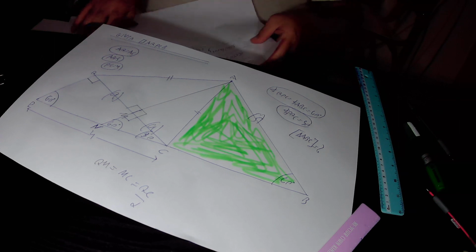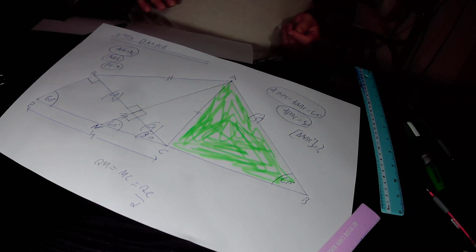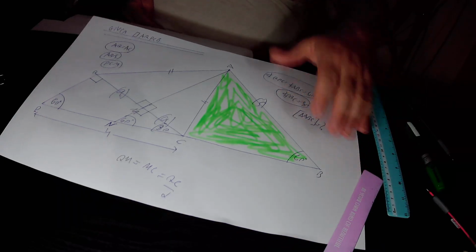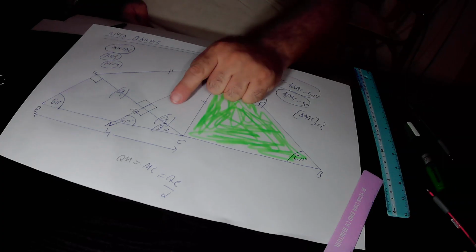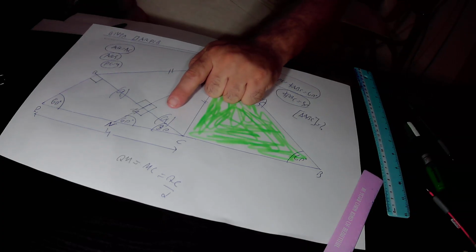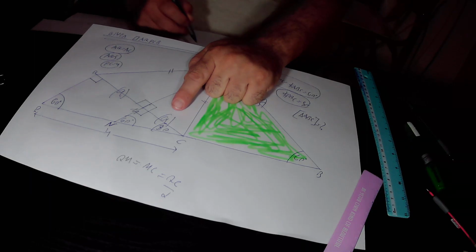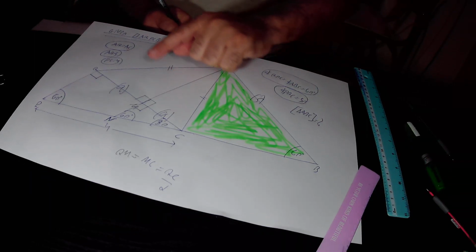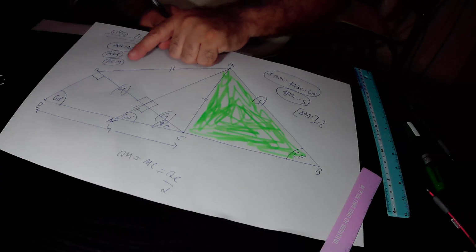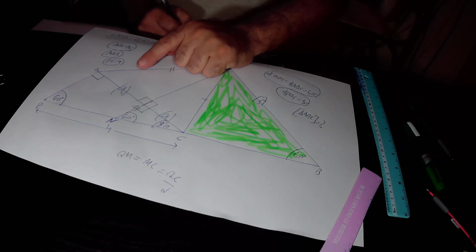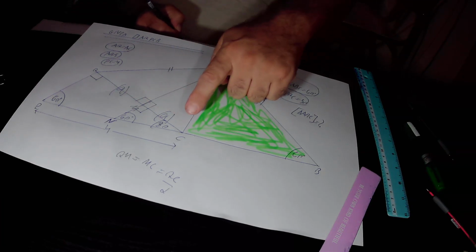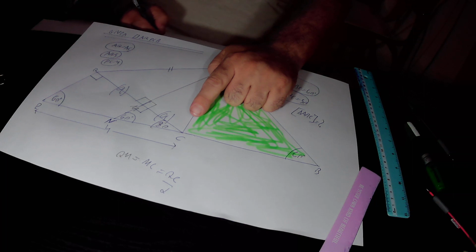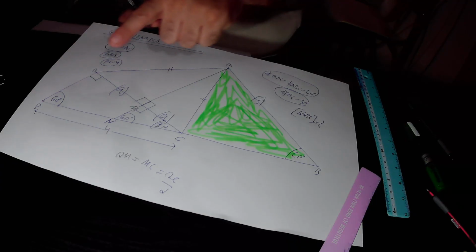And from the fact that those two right triangles are similar to each other, we derive that the following relationship exists between their sides: side MC of the right small triangle MNC over side QC of the big right triangle QPC is equal to side NC of the small right triangle NMC over side PC of the big right triangle QPC.